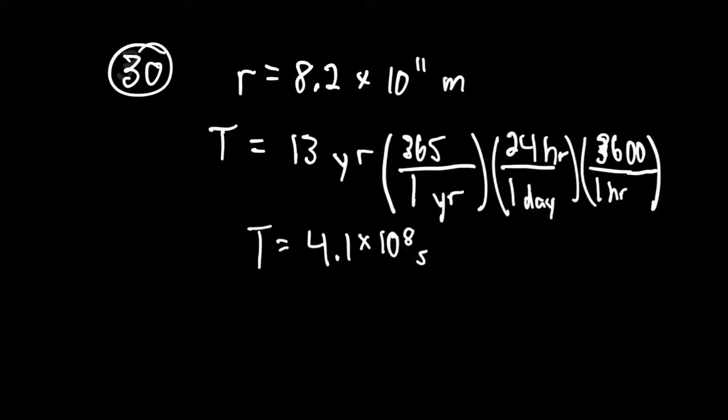And apparently, based on these two numbers, we can calculate the mass of the thing we're orbiting. How do we do that? That is a good question. That's what they asked us. So how do we figure this out?